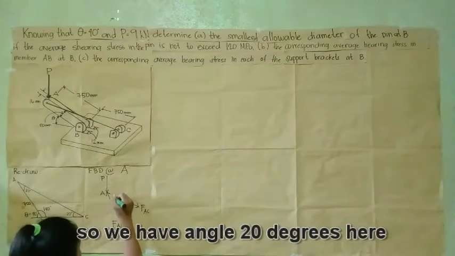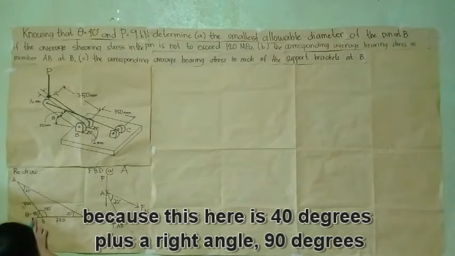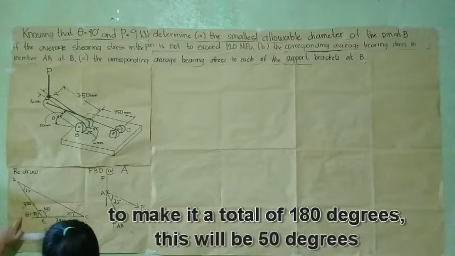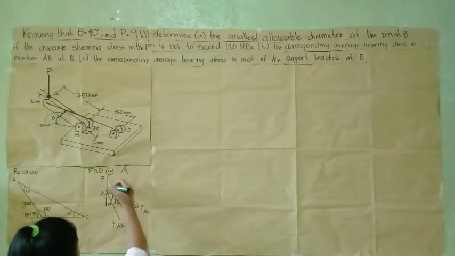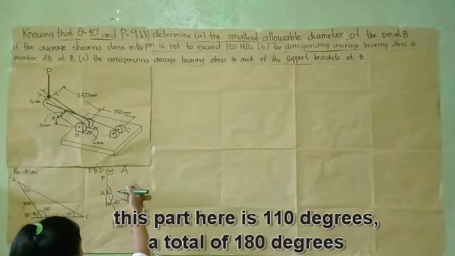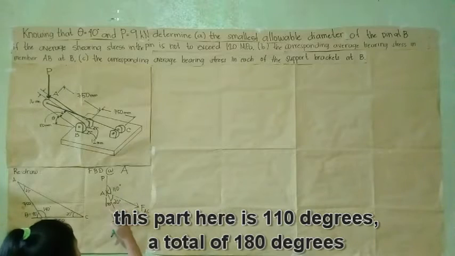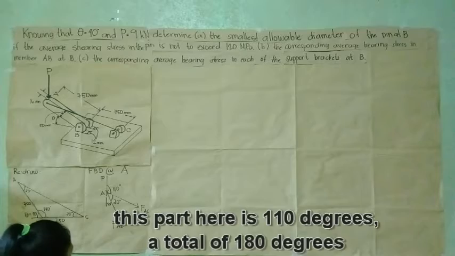So we have an angle of 20 degrees here, and this part is 50 degrees because this is 40 plus a right angle, so this is 90, so to make it 180, this is 50 degrees. And this part here is 110, so a total of 180 degrees.